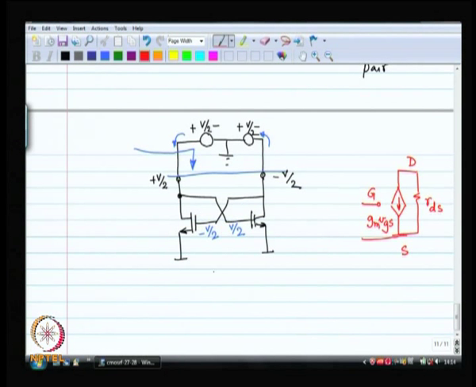I have thrown out all the capacitors conveniently. It is really not good at radio frequencies. You have to consider the capacitors, but I have thrown them out just for convenience in our analysis. At least as far as DC is concerned, we will get the right result.